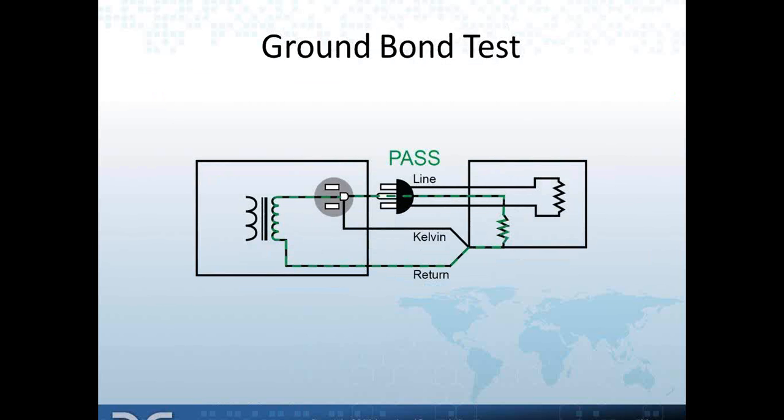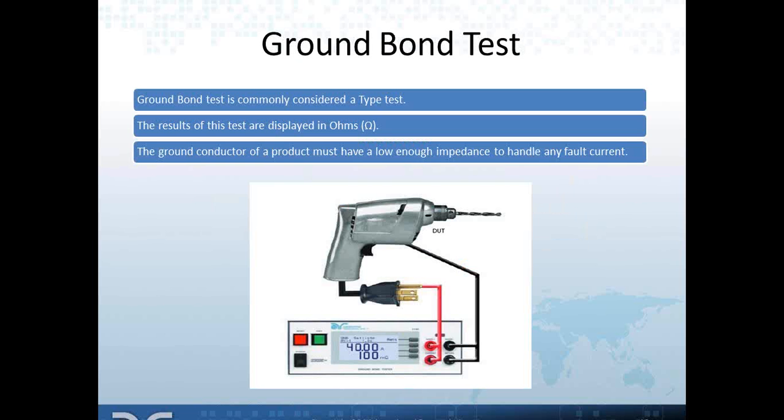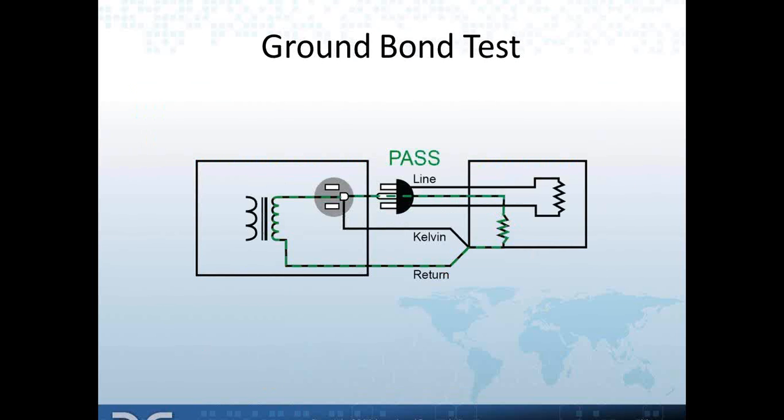The measurement is made by a Kelvin method, and the result of a ground bond test is in ohms. It gives us a measure of how good the ground conductor of a product is, and if it's capable of handling any fault currents to ground, hence protecting the user.